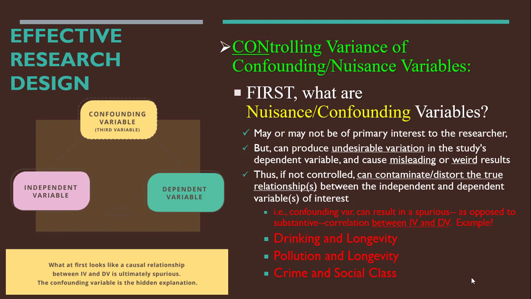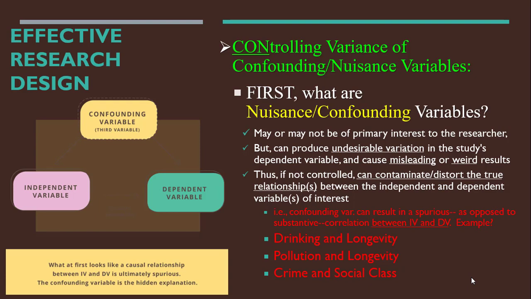Because even though they are not of primary interest to you, the confounding variables can produce undesirable variation in the study and lead you to making very weird conclusions, or even weird results before you get to the conclusion.